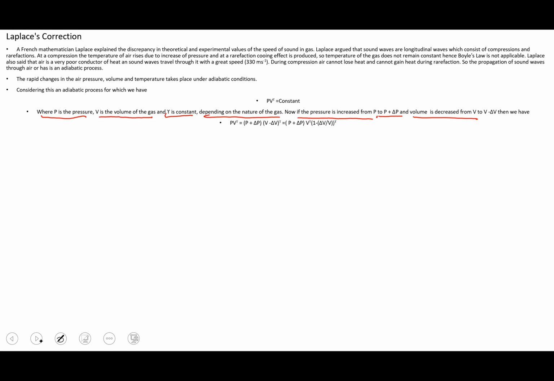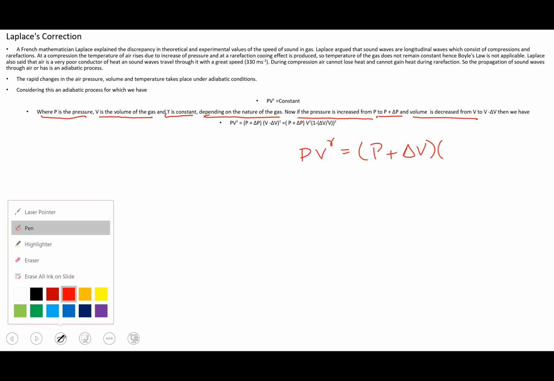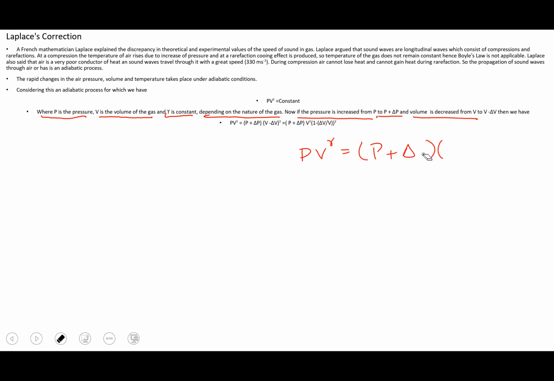Sorry, this is delta P, not delta V. Let me correct it. It is delta P. Now it will be (V minus delta V) whole gamma.